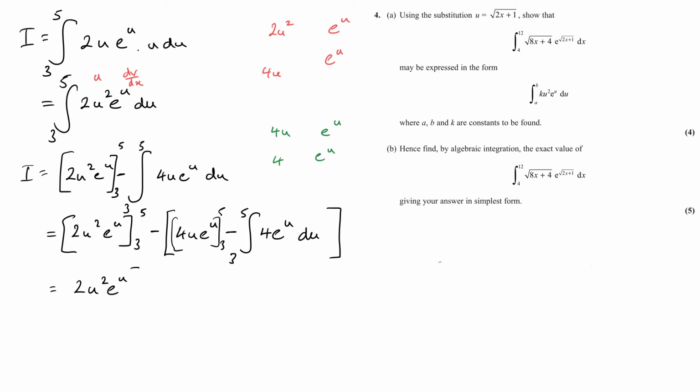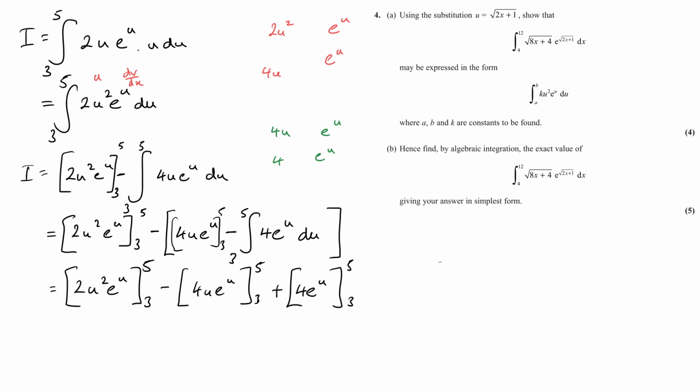So we got this one between 5 and 3 minus, we got this between 5 and 3 plus, because it's a minus here times the minus, and then this one's going to be integrated to, well, it's just 4e to the u, stays the same, doesn't it?